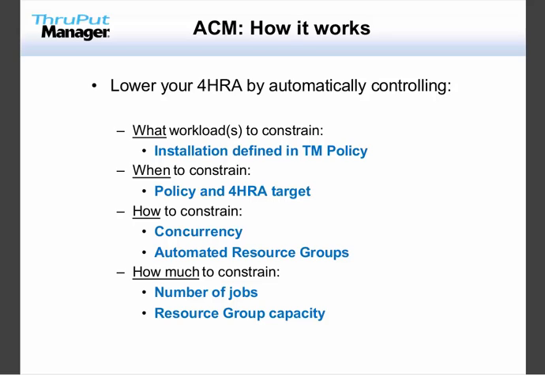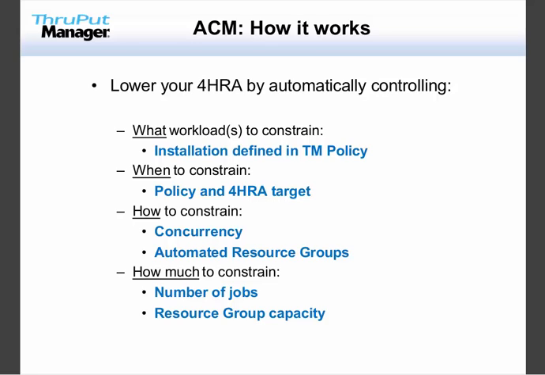But what ACM can do is automatically move an executing job from its current service class into a discretionary service class with a resource group limit that you have specified. And you can have various resource groups at various sizes and automatically move the work through those resource groups, essentially as you're getting closer and closer to your target limit, further constraining the workload.